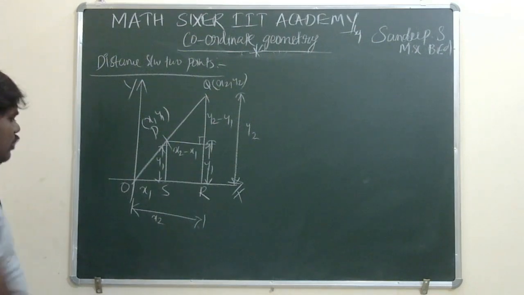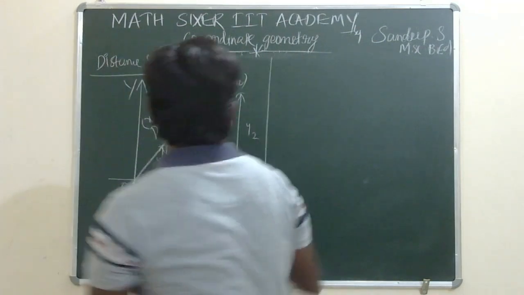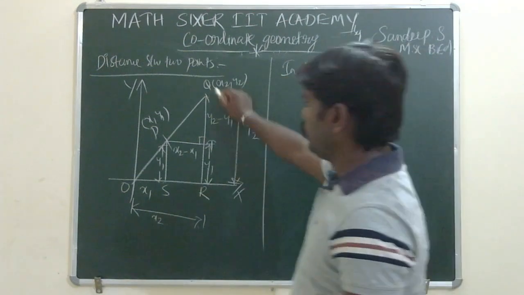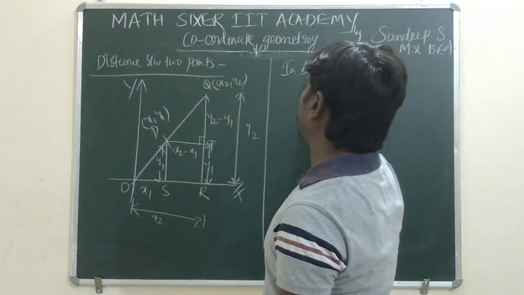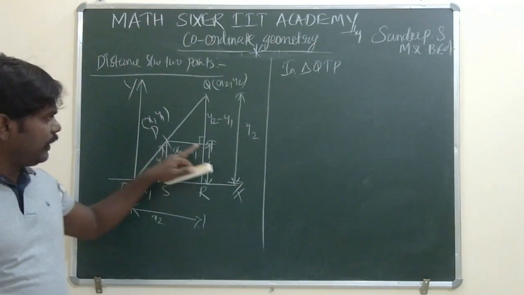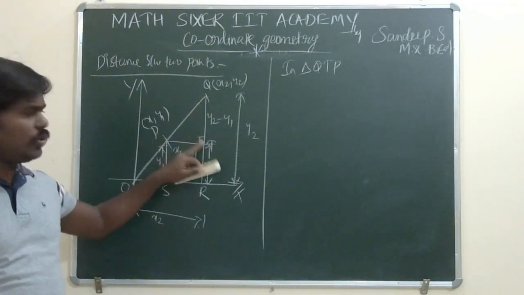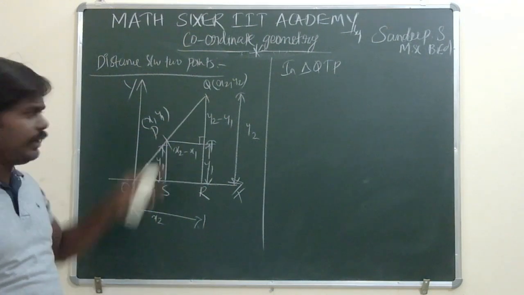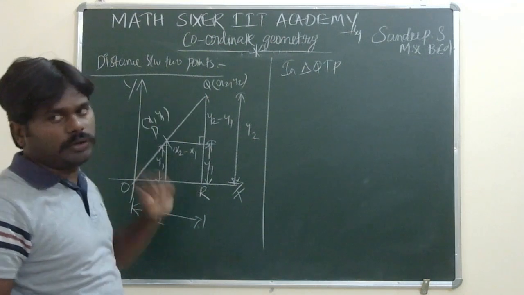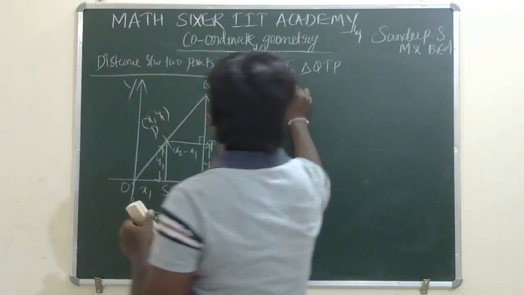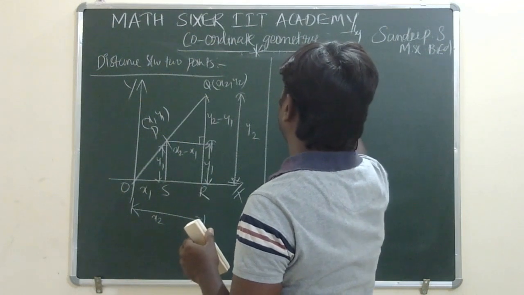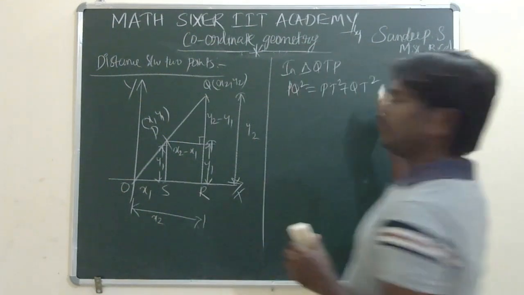Okay. So now in the triangle QTP, we know PT and also QT values. Now we need the distance from the point P to Q, so that means we want the PQ value. When you apply the Pythagoras theorem, PQ square is equal to PT square plus QT square.